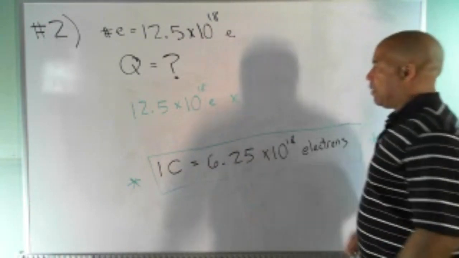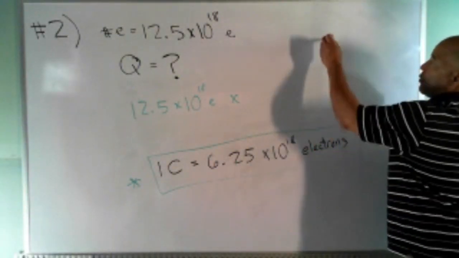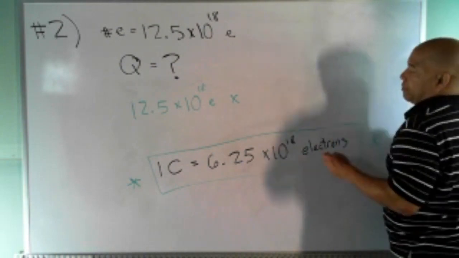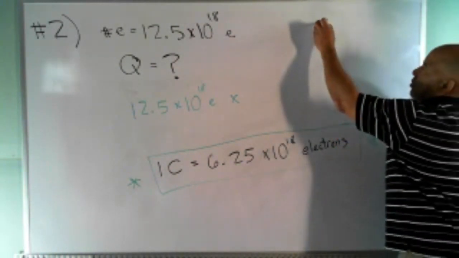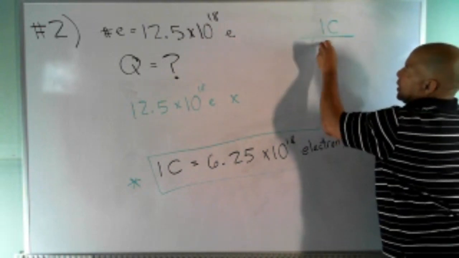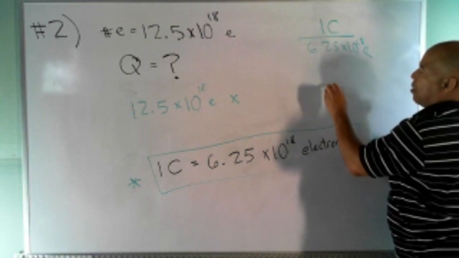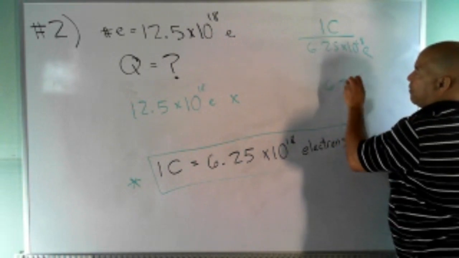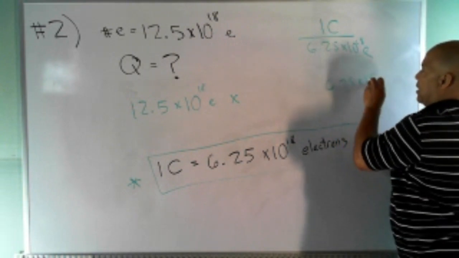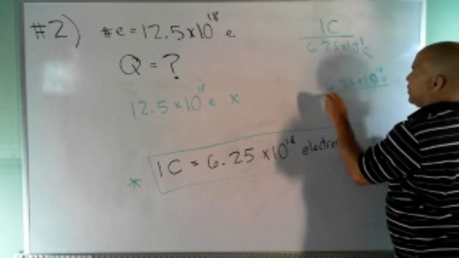Now, when I talked about a ratio, what I meant is you can take this, just like we know that I could write this as a fraction, like 6.25 times 10 to the 18th electrons, or I can say 6.25 times 10 to the 18th electrons over 1 coulomb.